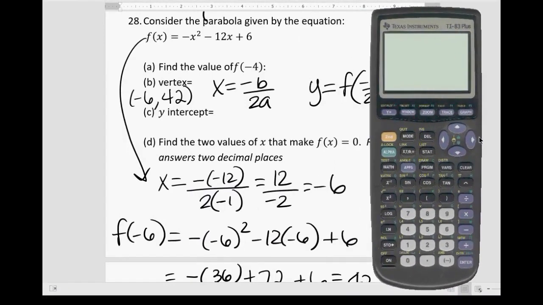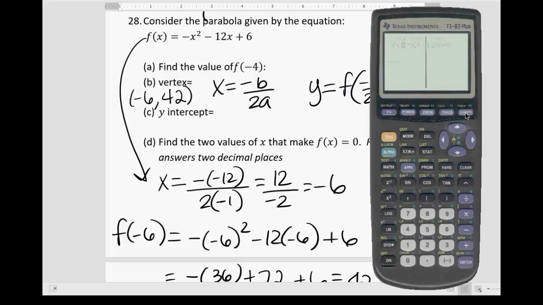The way that you graph any function on the calculator is that you want to go to y equals. You want to make sure it's y equals or f of x equals. And you're going to type out that equation in here. So I have negative x squared minus 12x plus 6.